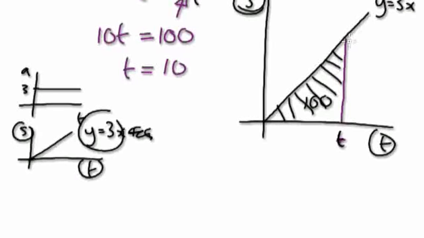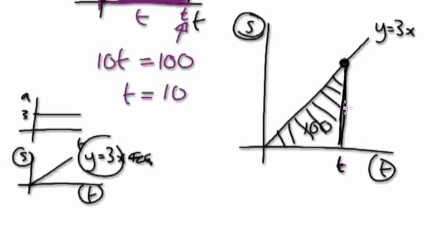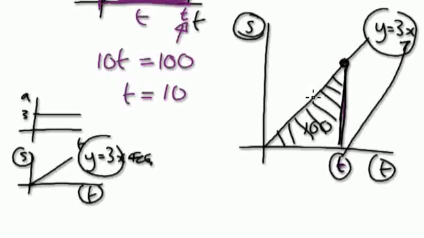Now let's look at this. What is the speed when, well, what is this height here? We'll put t into this thing here. That will give us a height, because here we've got an equation for the straight line. So put t into this thing here.